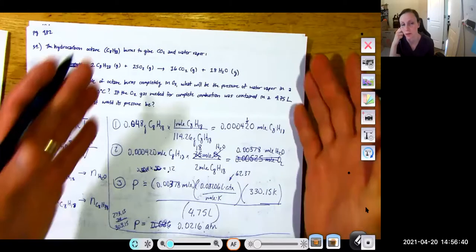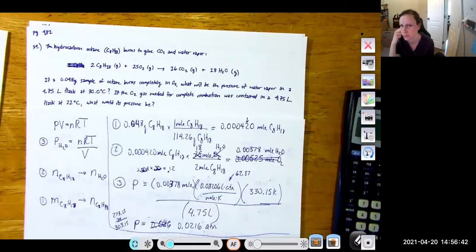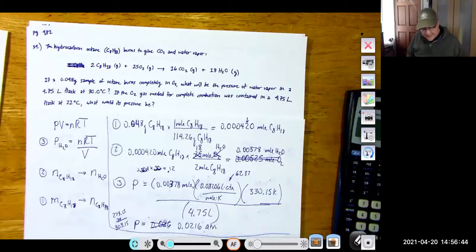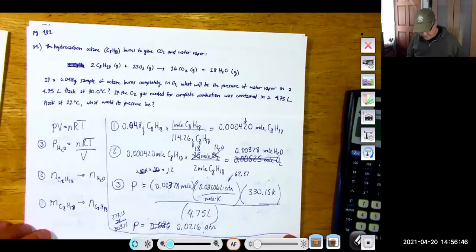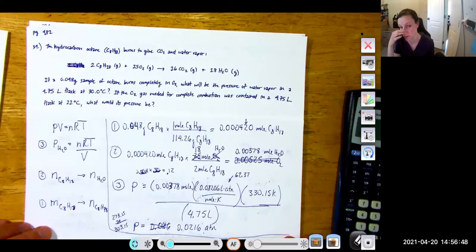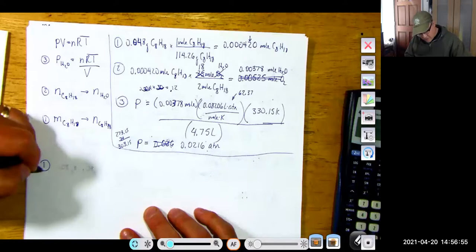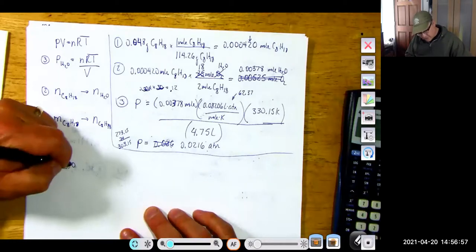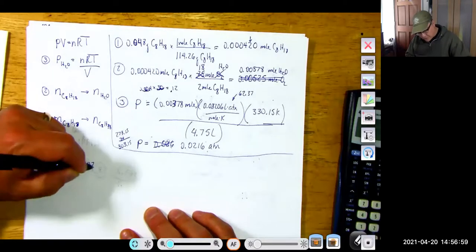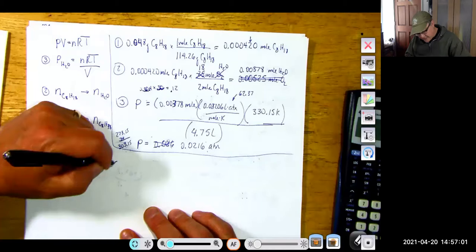Would we do the same thing but use a different temperature? Let's see. Yes, we would. Is that what it's asking? Just what would be if the temperature was different? Yeah, so we would do number 1. We'd have 0.000420 moles of C8H18.